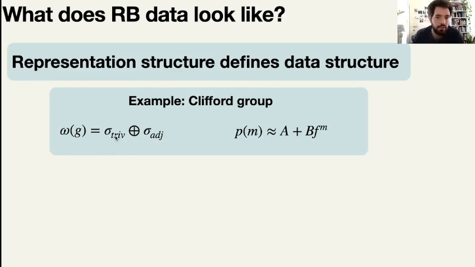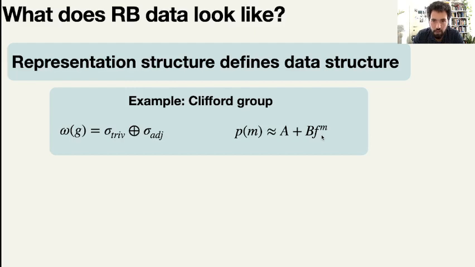The direct consequence is that under reasonable assumptions, the probability data is a linear combination of two exponentials, one of which happens to be a constant due to CPTP-ness. But the second one is your exponential decay, and this is the thing that you extract, and you can relate this to the fidelity.